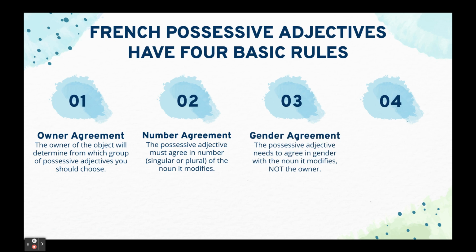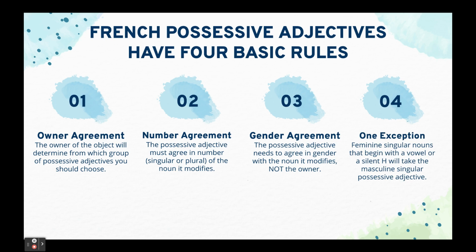The possessive adjective needs to agree in gender with the noun it modifies, not the owner. And then rule number 4, one exception: feminine singular nouns that begin with a vowel or a silent H will take the masculine singular possessive adjective. That's a mouthful. So maybe after the video, you'll understand it a little better.